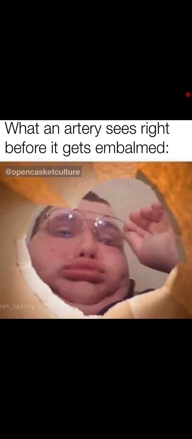Dry gangrene is a condition that results when the body part that dies had little blood and remains aseptic, and occurs when the arteries but not the veins are obstructed.